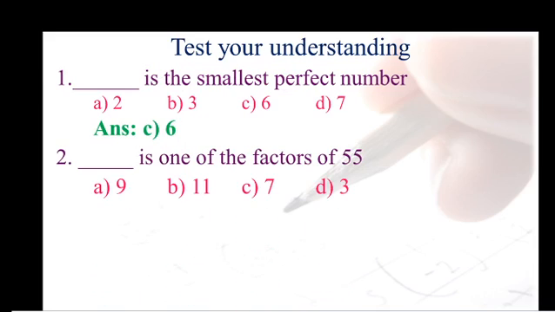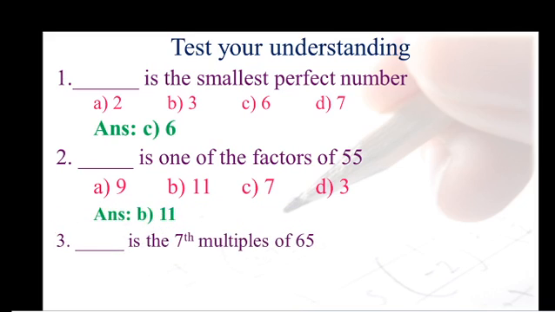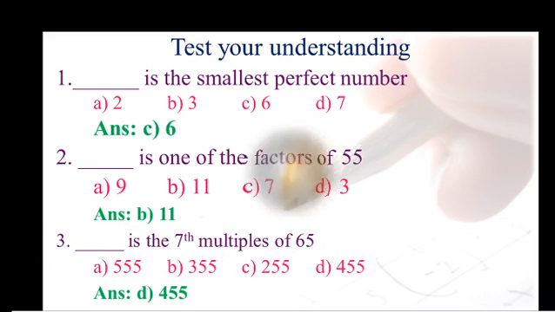The options are A 9, B 11, C 7, D 3. Answer is 11. Dash is the seventh multiple of 65. Option A 555, B 355, C 255, D 455. The answer is 455. Thank you.